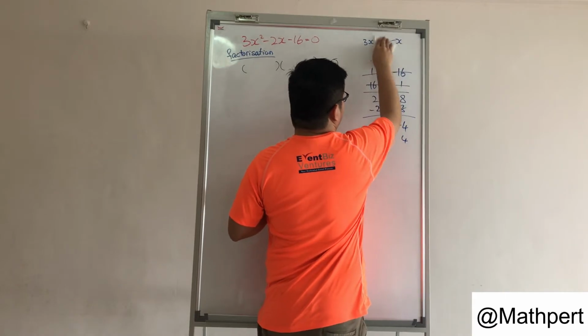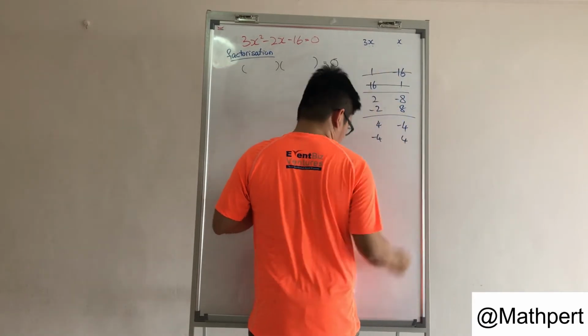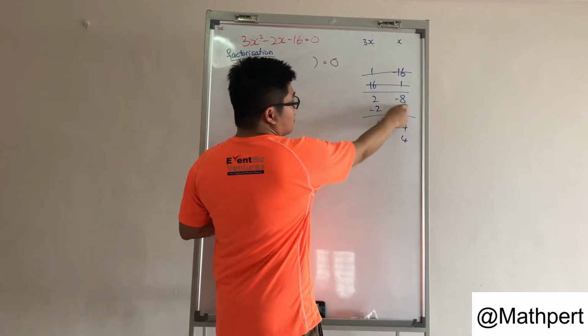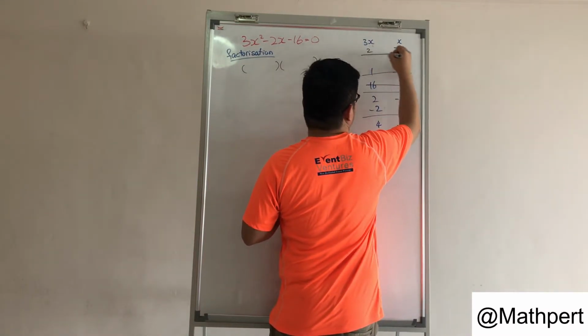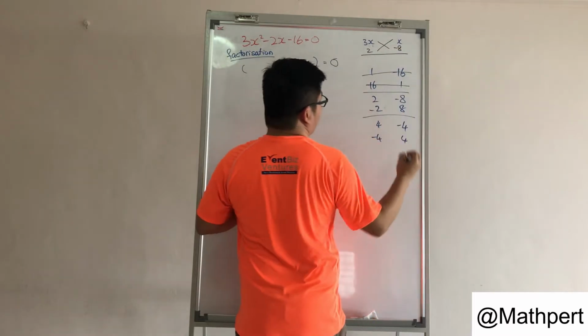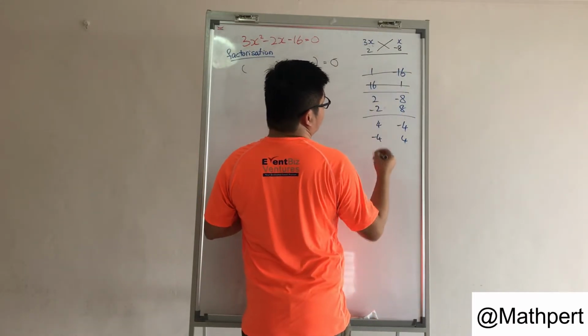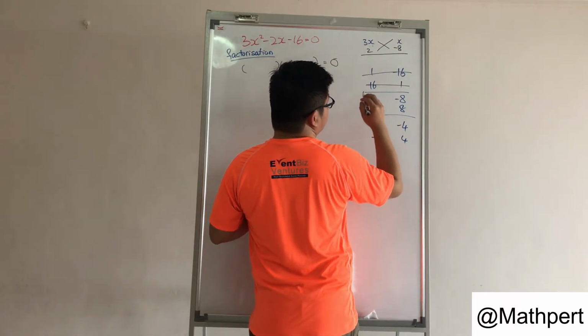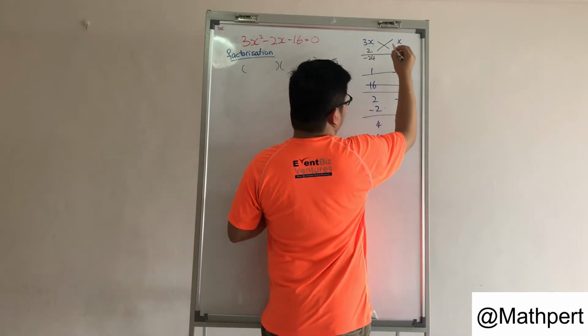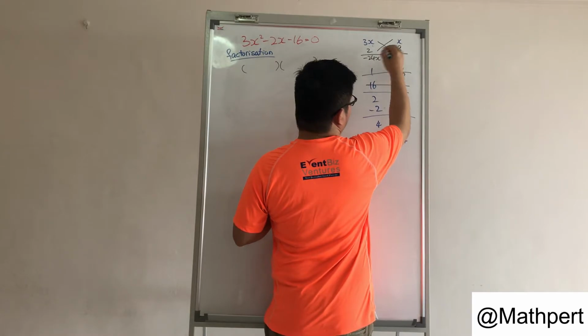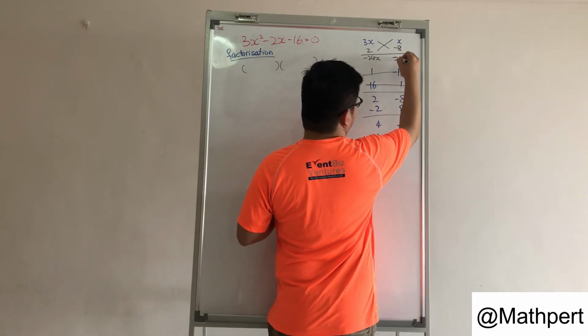So we try another one, 2 and negative 8. We cross multiply. 3 multiply negative 8 is negative 24, and 2 multiply x, we get 2x.